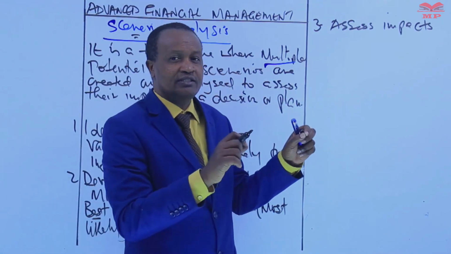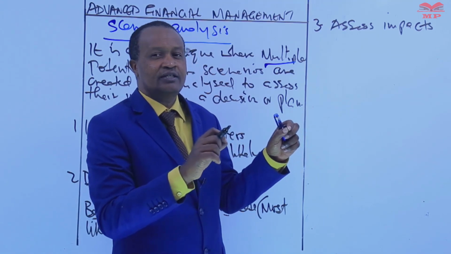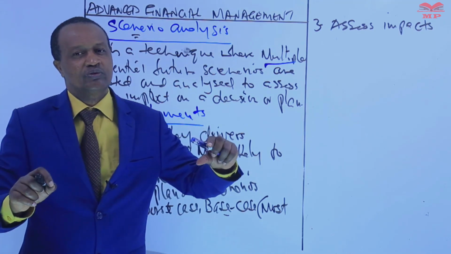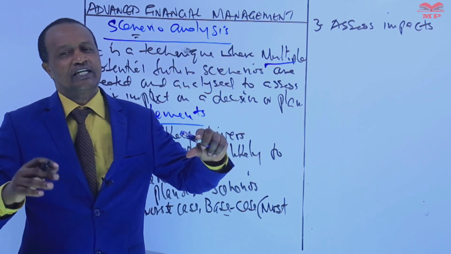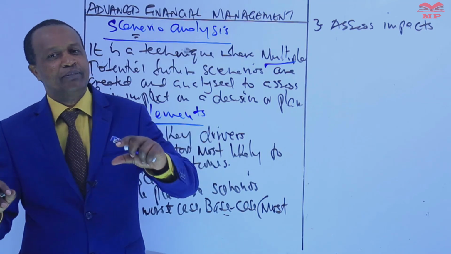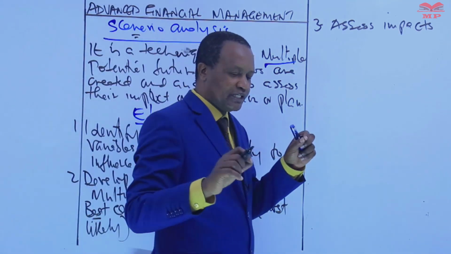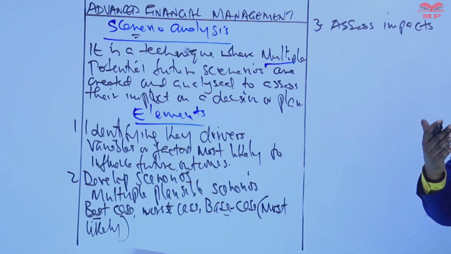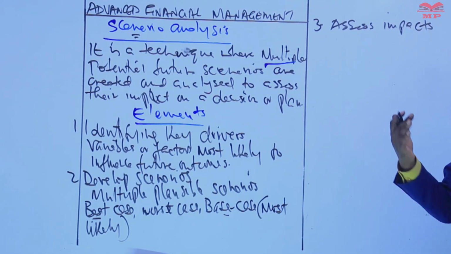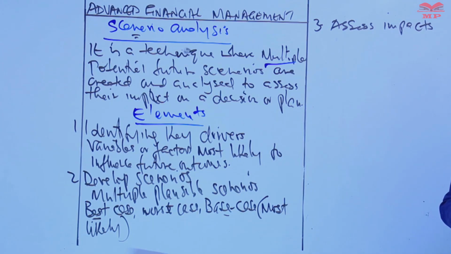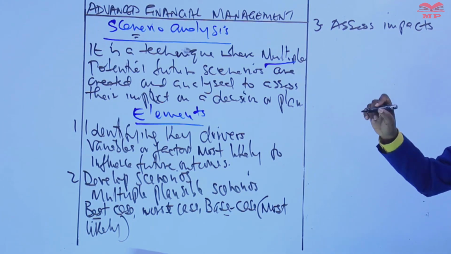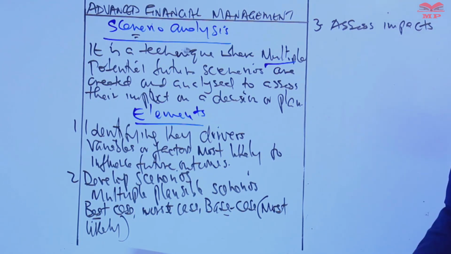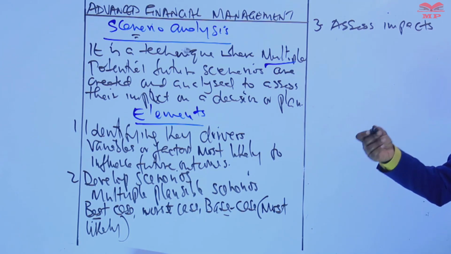Assessing impacts is done by taking each scenario and carrying out an evaluation to see the impact on the plan or on a decision. And that is done by considering both qualitative and quantitative factors. The potential impact of each scenario on the decision plan is evaluated, considering both quantitative and qualitative factors.